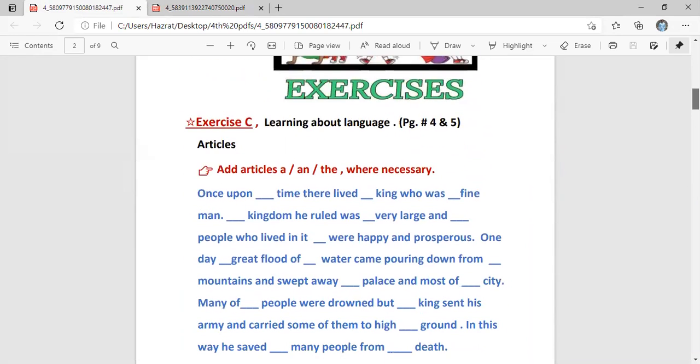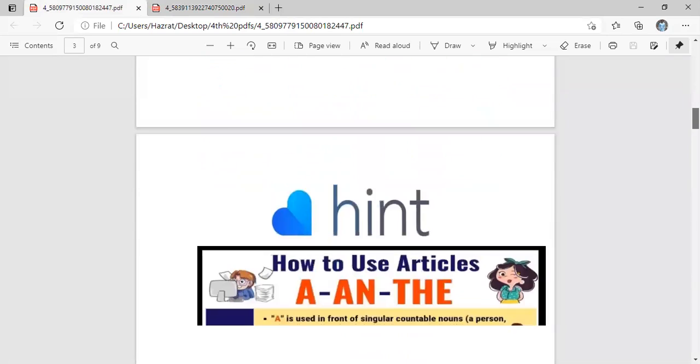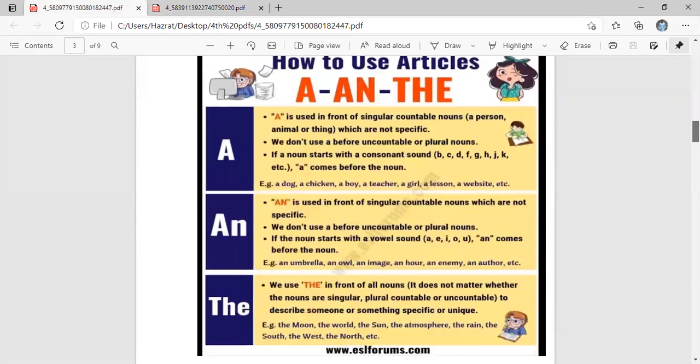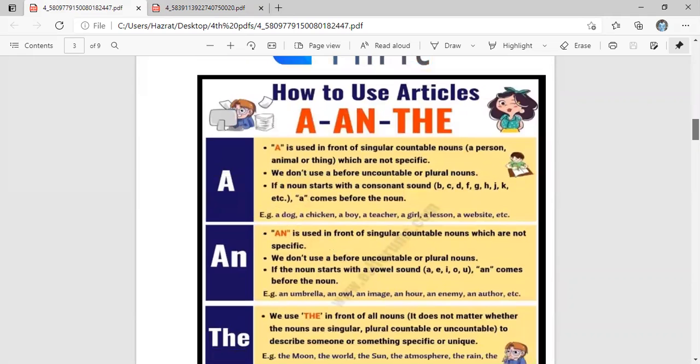This is the exercise, okay? The articles. And once again, as I have told you, a, an, and the are called articles, and these articles are used to count things, or with countable nouns.